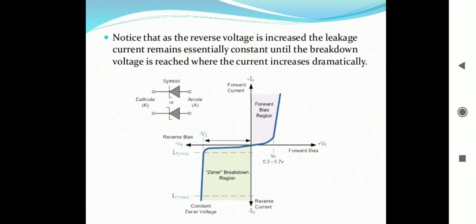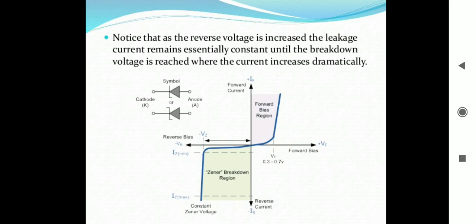So again, this is the complete VI characteristics graph for the Zener diode as shown in your figure. In this diagram, when the diode is connected in forward bias, the diode acts as a normal diode, like a PN junction diode.